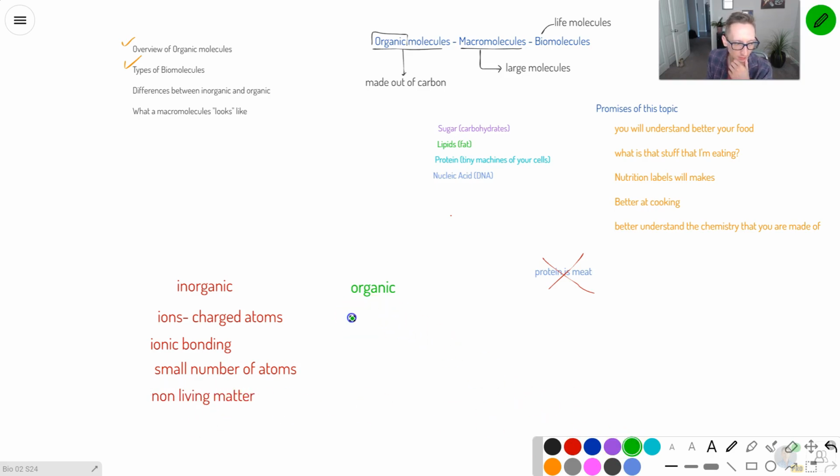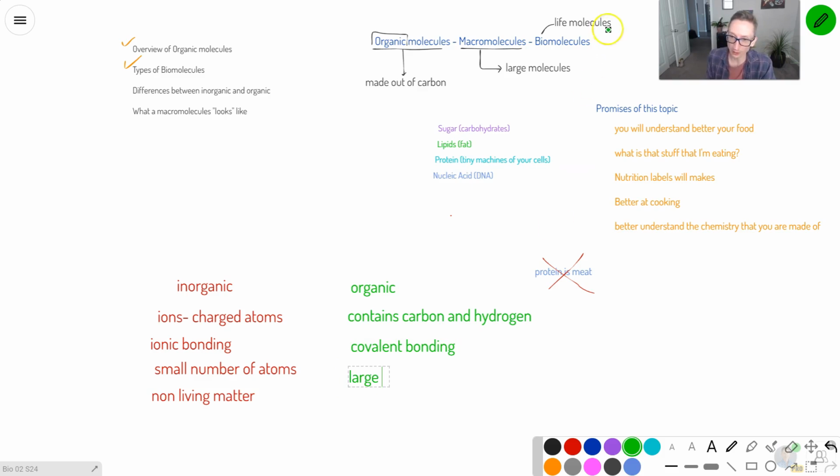And organic, we can just get right down to it. It almost always contains carbon and hydrogen. Just like I said here, it's made out of carbon. It contains covalent bonding.